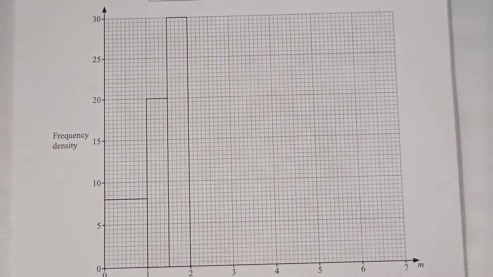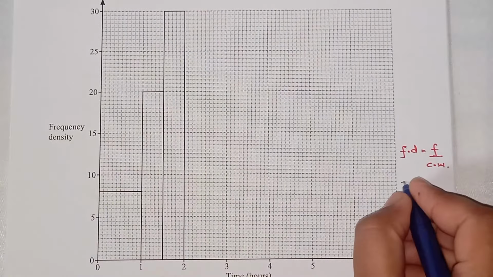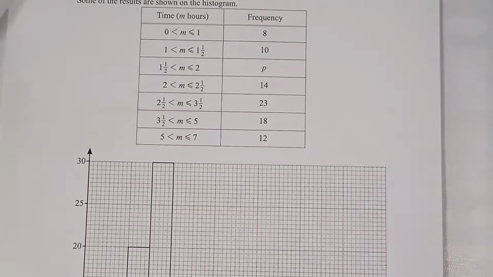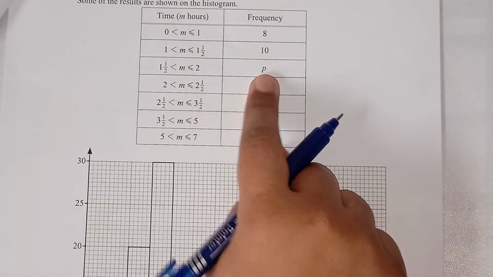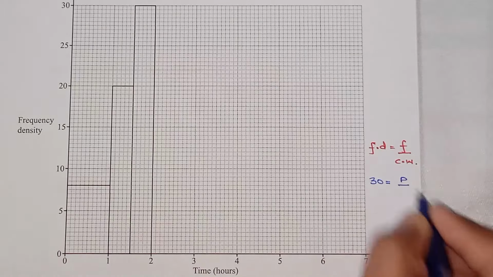So we can use the formula for frequency density. Frequency density is equal to frequency over class width, right? Since we know the frequency density for 1 1/2 to 2 is 30, we put 30. This equals the frequency, which is P, over class width.